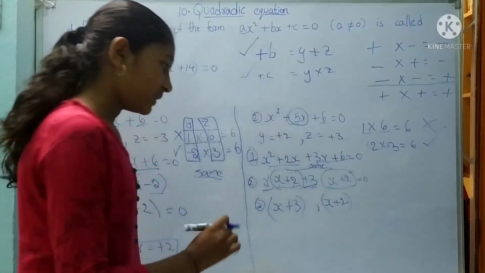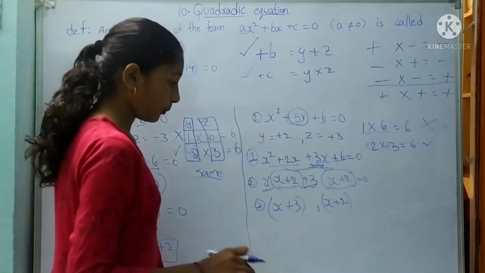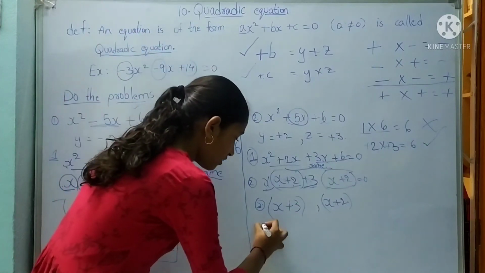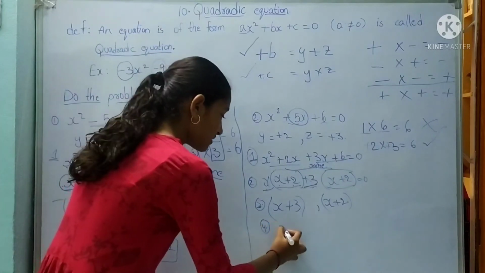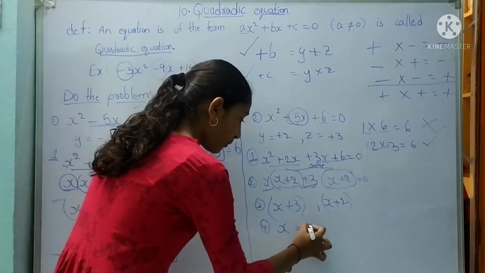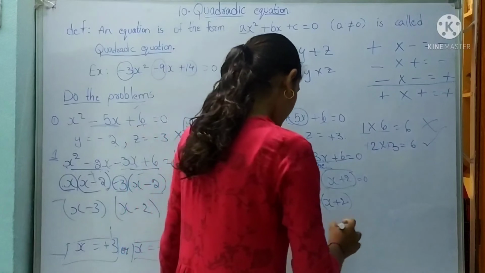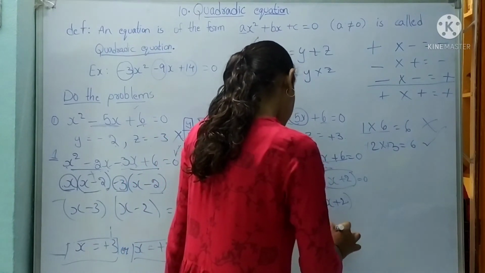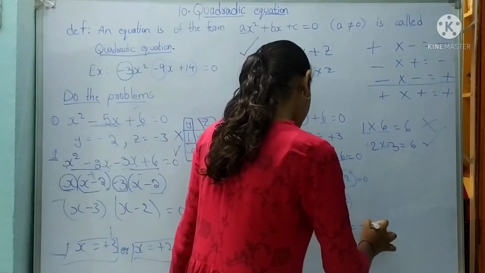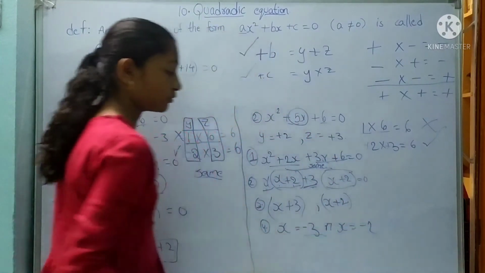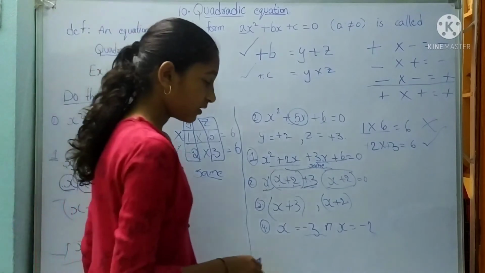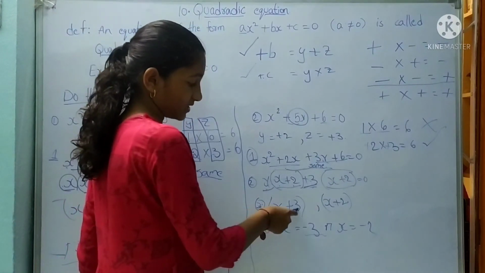The final output is that the product equals 0 with two pairs. Okay. The fourth step is x is equal to minus 3 or x is equal to minus 2. Here x is equal to minus 3 or minus 2 because here x plus 3 is equal to 0.